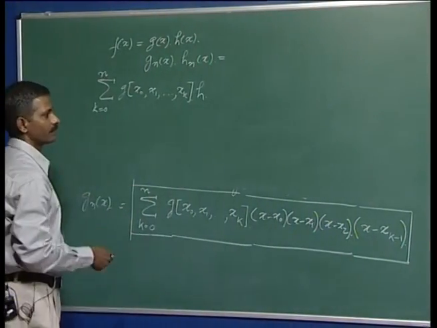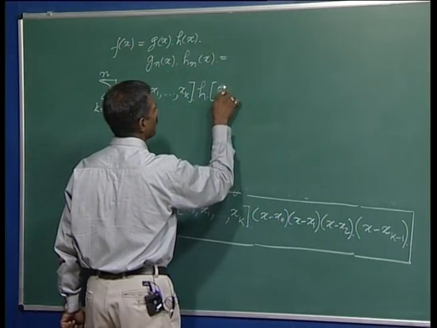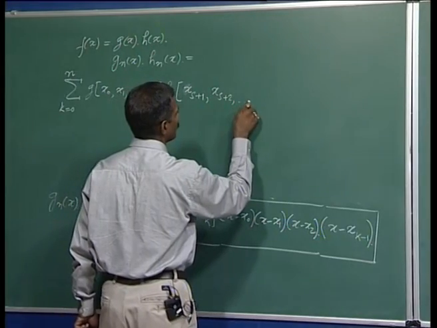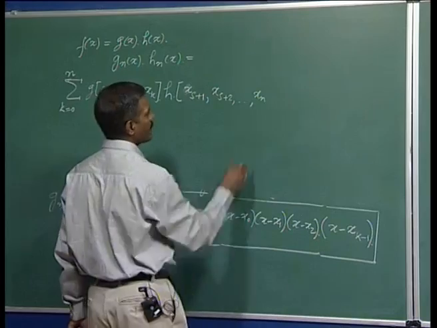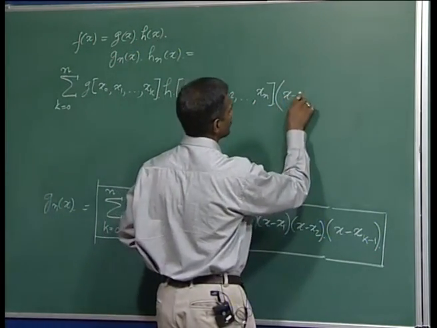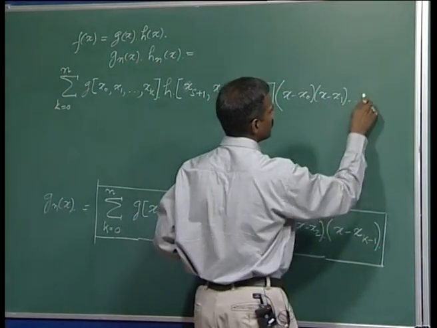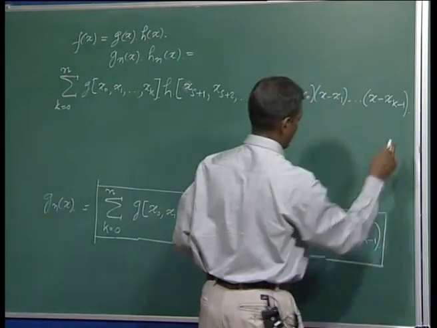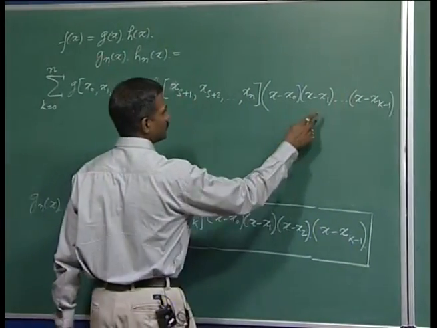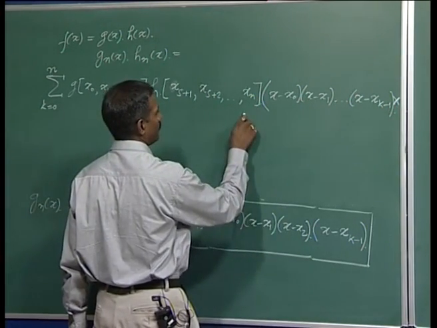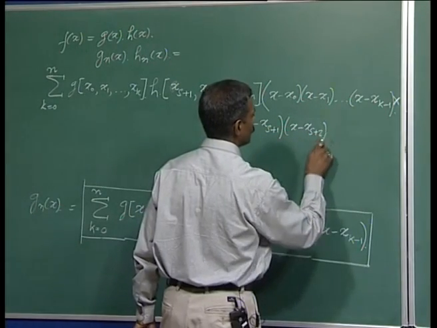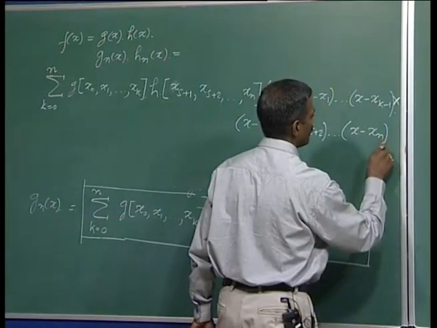So I'm rearranging terms. h of xs plus 1, xs plus 2 up till xn, times the expression involving the x terms, x minus x0, x minus x1 up till x minus xk minus 1 from here, and again the expression involving the x terms from here times x minus xs plus 1, x minus xs plus 2, up till x minus xn.